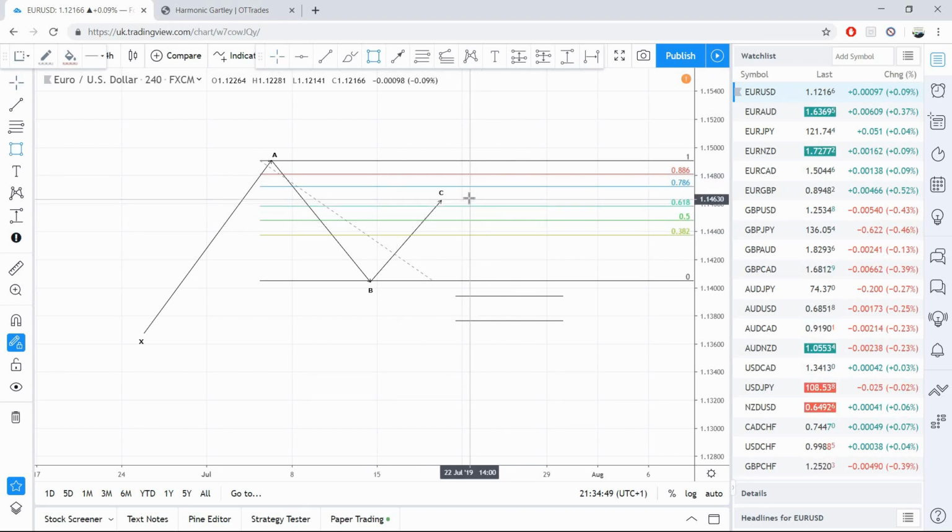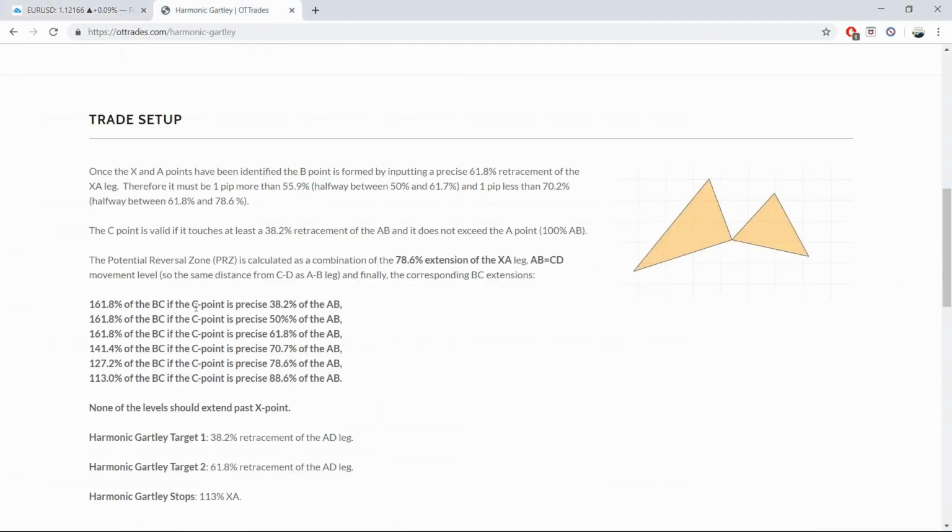If it falls between this sort of area here, it's precise 61.8%. If it falls between here, it's precise 88.6%, and so on and so forth. That's all this is saying here. If the C point is precise 38.2, if it's precise 50%, if it's precise 61.8, you have these different extension levels. So ours was a precise 61.8 of A to B.